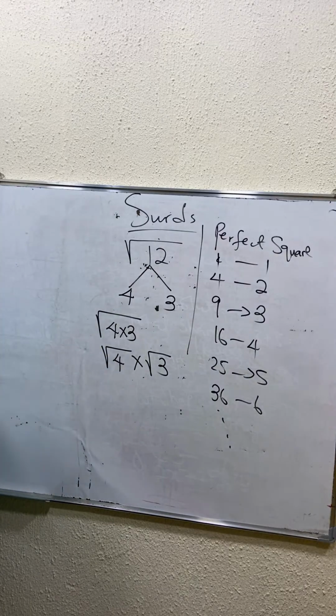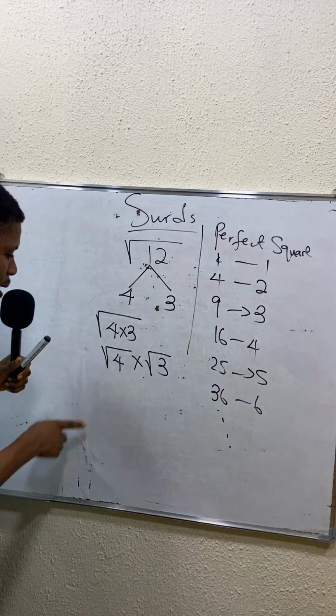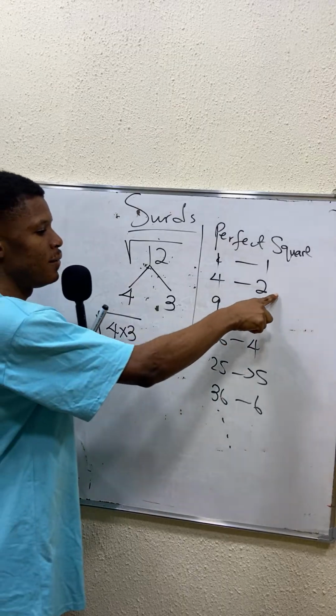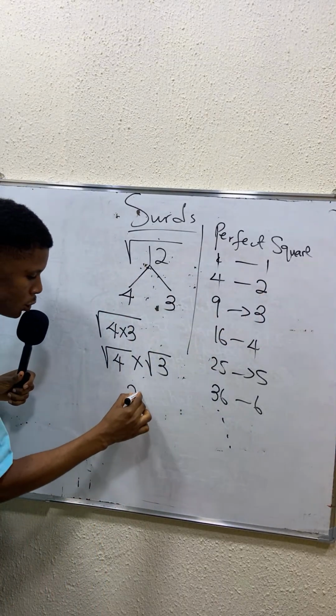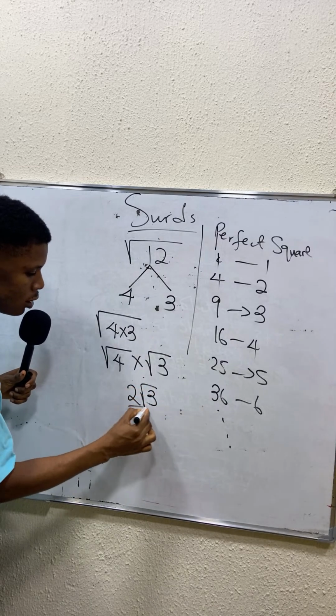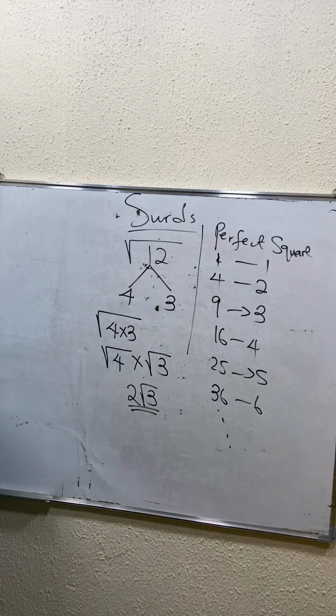When you take the square root of 4, you have 2, as we stated here. So you can now write it as 2 root 3. So reducing root 12 to its basic form gives 2 root 3.